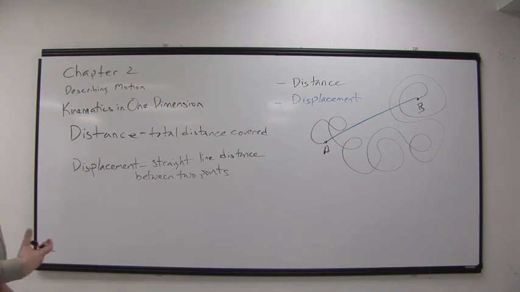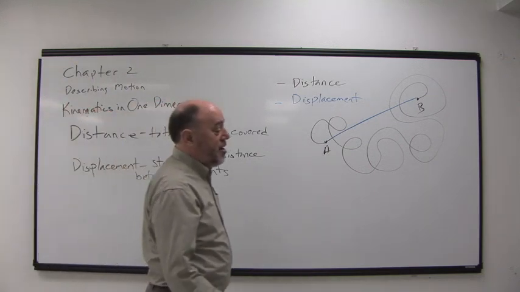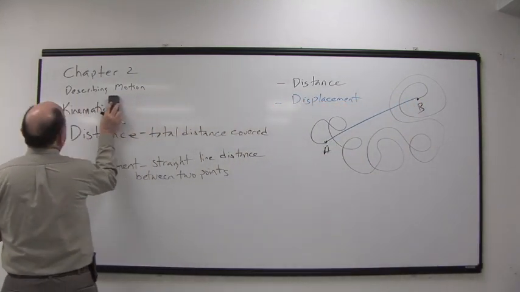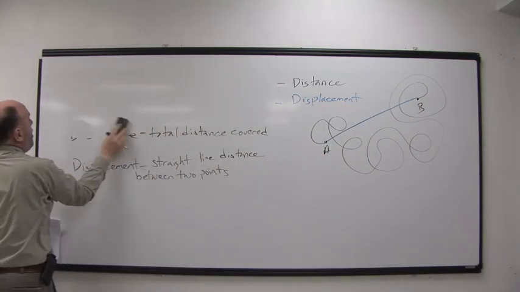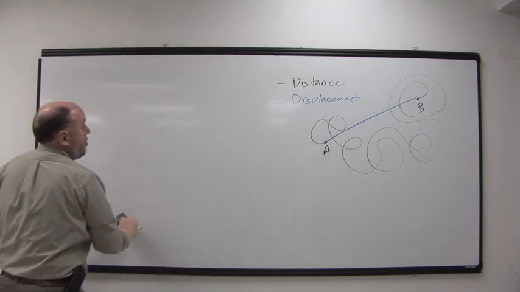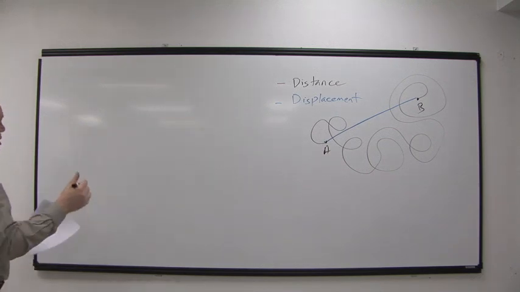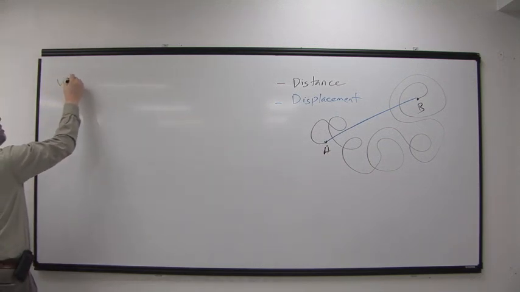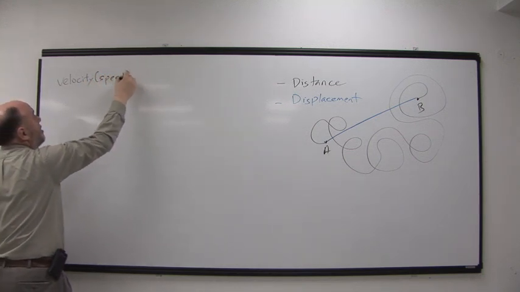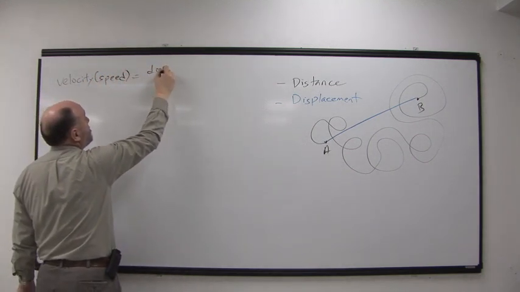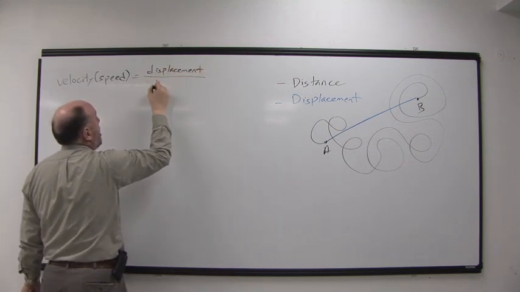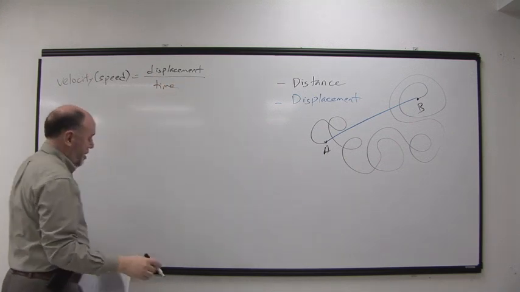Well, in regards to covering that, we can then look in terms of how fast did that happen. And so you get in terms of velocity. So velocity, or speed, books use them interchangeably, is given by the displacement divided by the time.